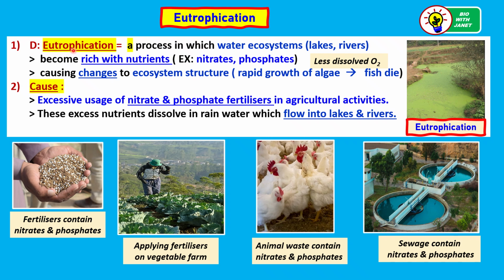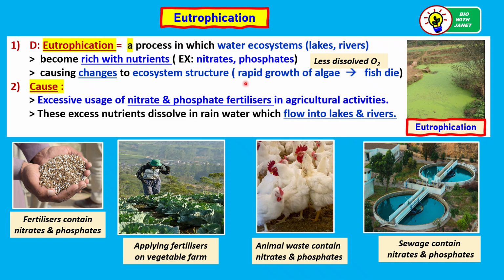Now, definition: eutrophication is defined as a process in which water ecosystems like lakes and rivers become rich with nutrients. Remember this, rich with nutrients such as nitrates and phosphates that cause changes to the ecosystem structure.